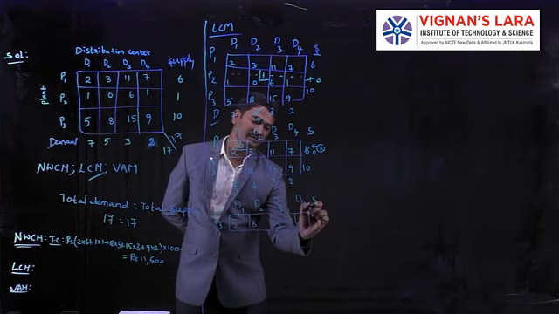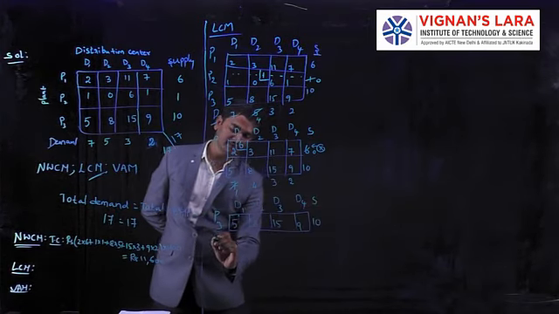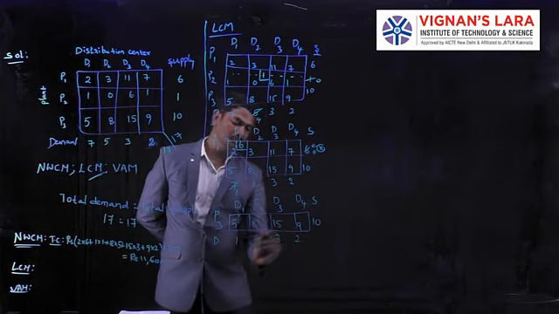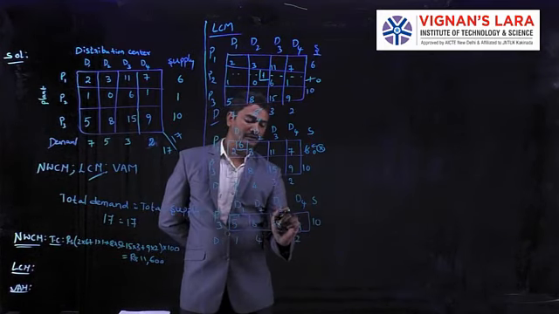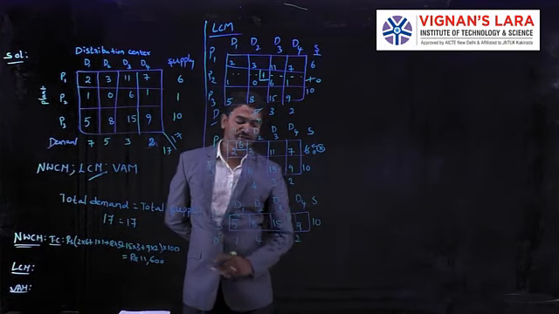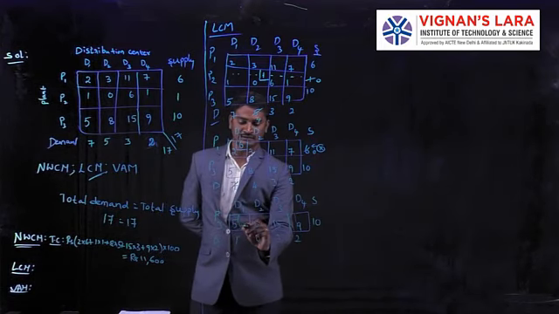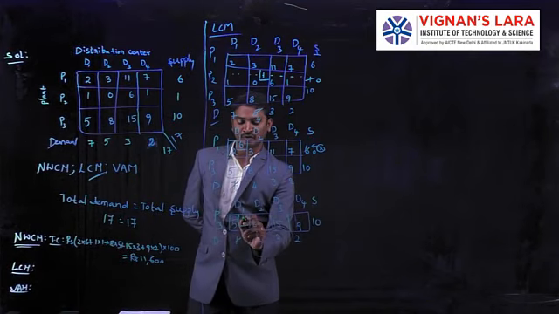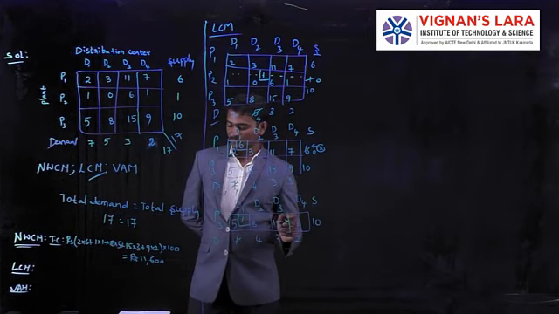And here the supply is 10 units, the demand is 1, 4, 3, 2. Okay. From this we are going to identify the least cost and then the supply and demand. Here we required only 1 unit, so we are supplying the 1 unit.